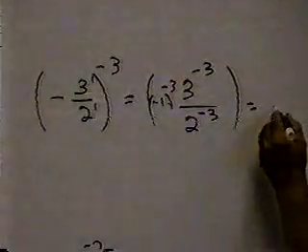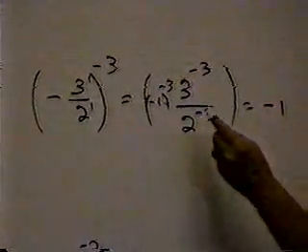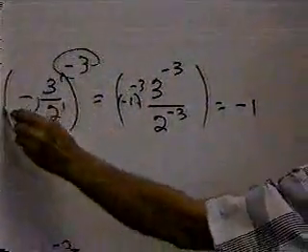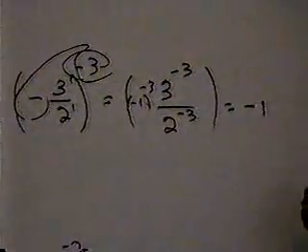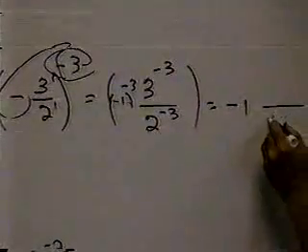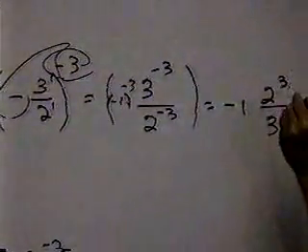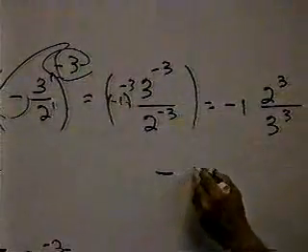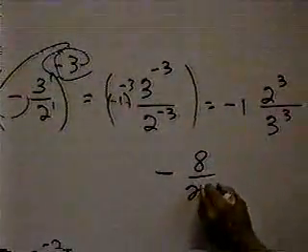All right, so this is a minus 1. That's what this will give us. And then this, we can move down to 3 to the 3, and this up 2 to the 3. So our final answer is a negative 8/27.